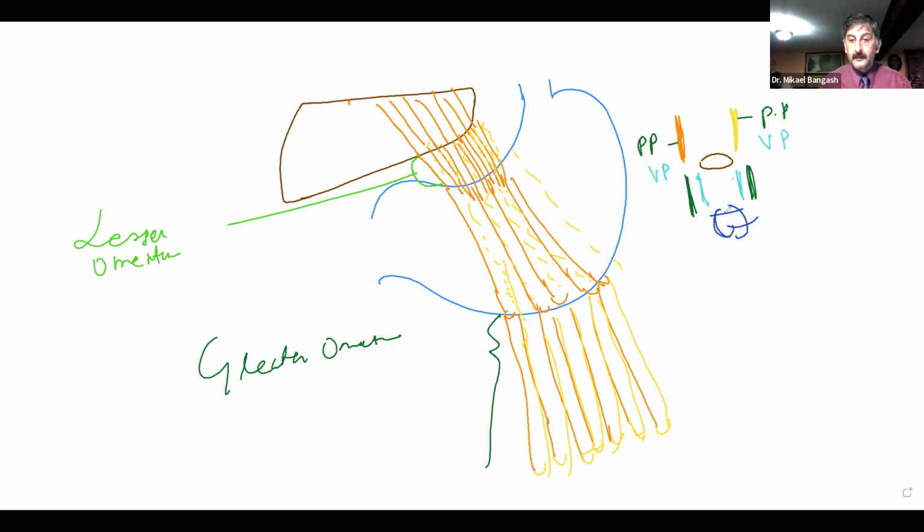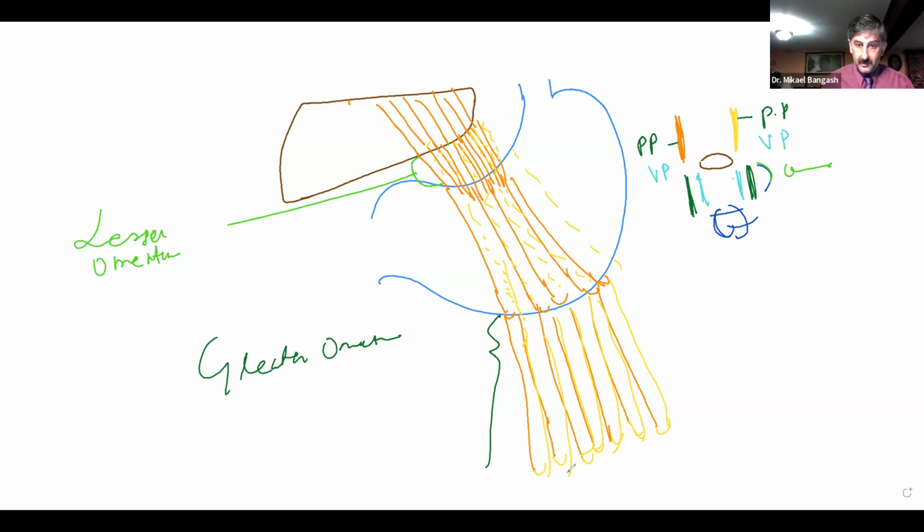So these will be the layers of the peritoneum from both sides, anteriorly and posteriorly, the visceral peritoneum, and outside that is going to be the parietal. But this whole structure here is what we call the omentum. Mainly we call it the lesser omentum because that's the omentum that runs between the liver and the stomach.